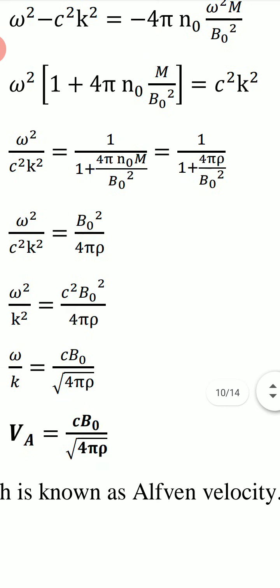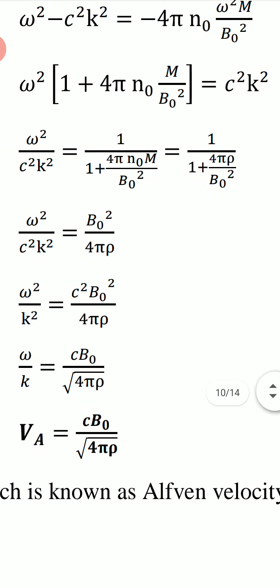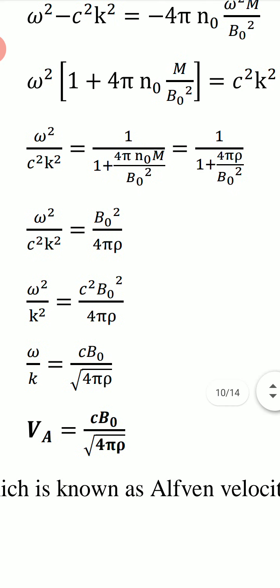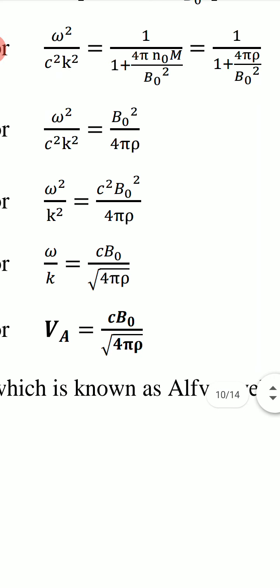So we neglect 1 in denominator, and the remaining term in right hand side will become B0 square upon 4 pi rho. Now omega square upon k square becomes c square B0 square upon 4 pi rho, or omega upon k becomes c B0 upon under root 4 pi rho.